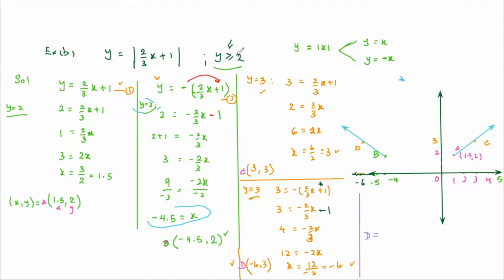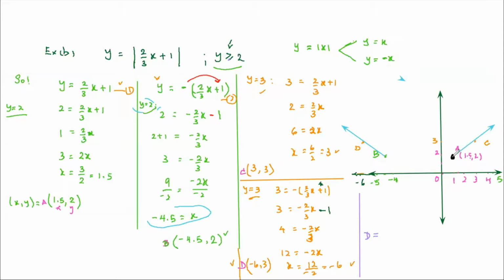So our y is 2, and this dot should be a black dot because it has the equal sign.